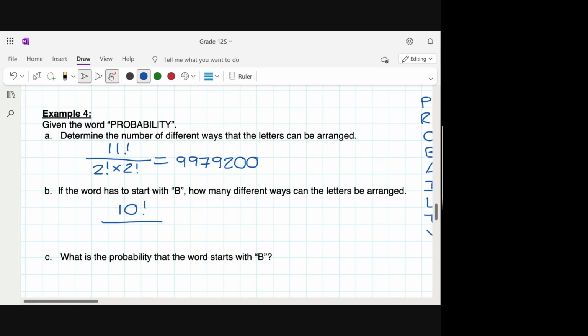No, because now you've started with a B, so you're just going to use one of the B's. So that means that you're only going to divide by the repeated I. And so when you do that calculation, you're going to get 181,440.